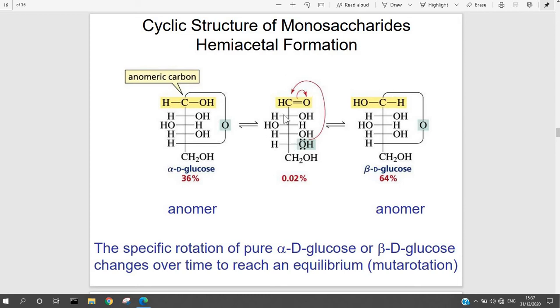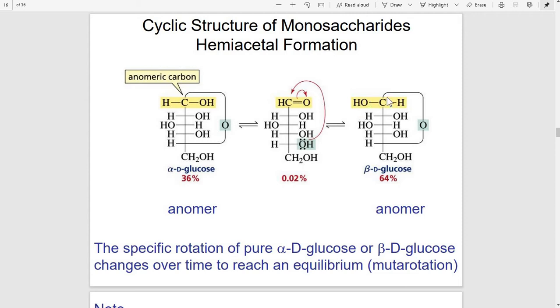Okay. Now, we are taking here the glucose structure, the open chain of glucose. Okay. Now, see here, the oxygen having lone pair attacks this carbon atom and we get a six-membered cyclic compound.